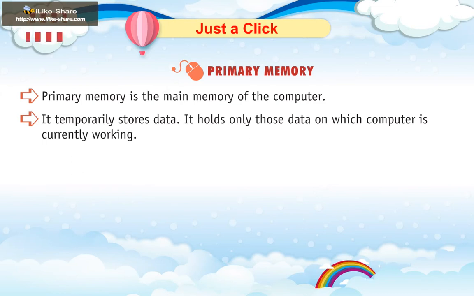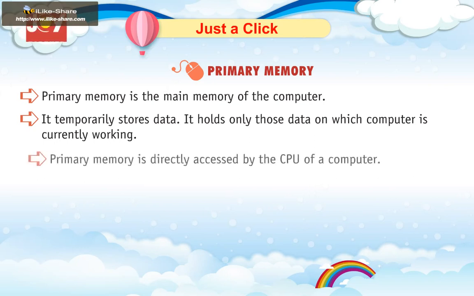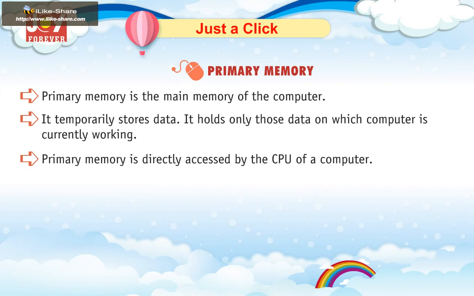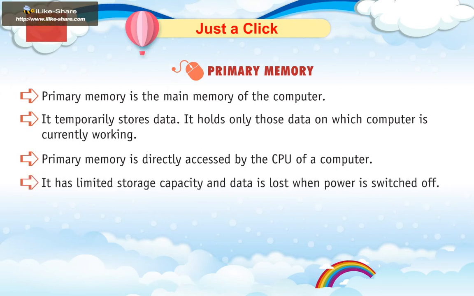It holds only those data on which the computer is currently working. Primary memory is directly accessed by the CPU of a computer. It has limited storage capacity, and data is lost when power is switched off.